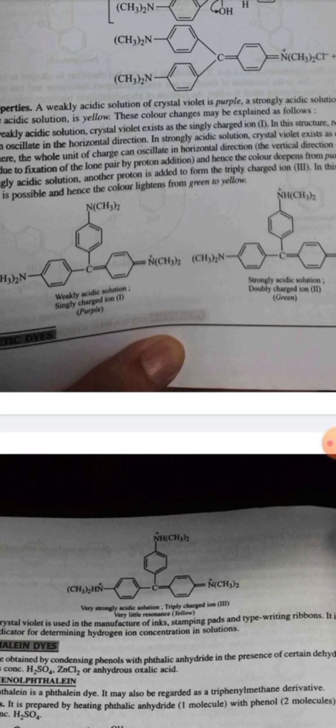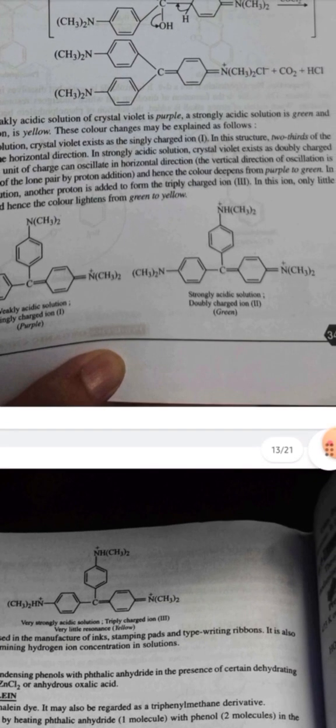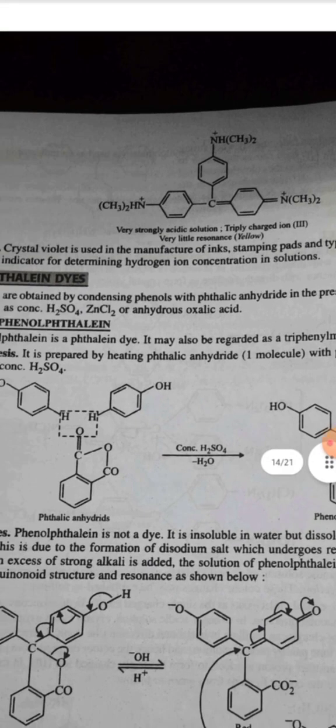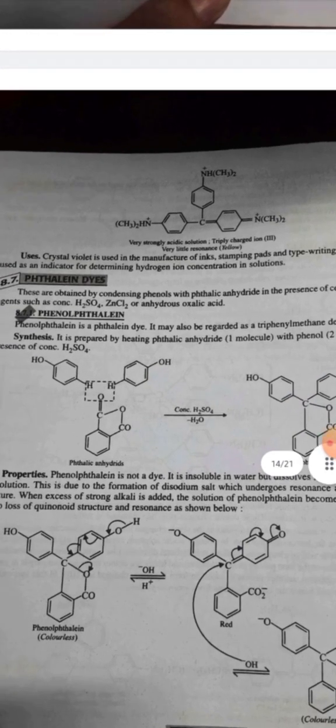In weakly acidic solution, singly charged ion 1 is purple, in strongly acidic solution doubly charged ion 2 is green, and in very strongly acidic solution the triply charged ion has very little resonance and is yellow.